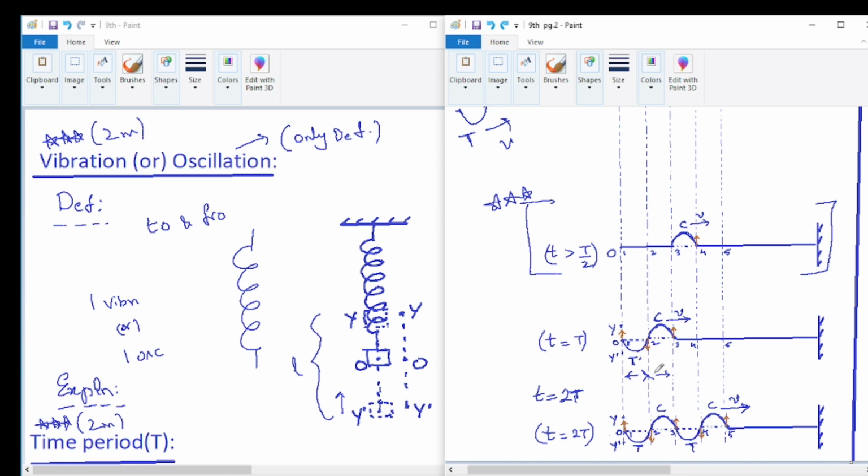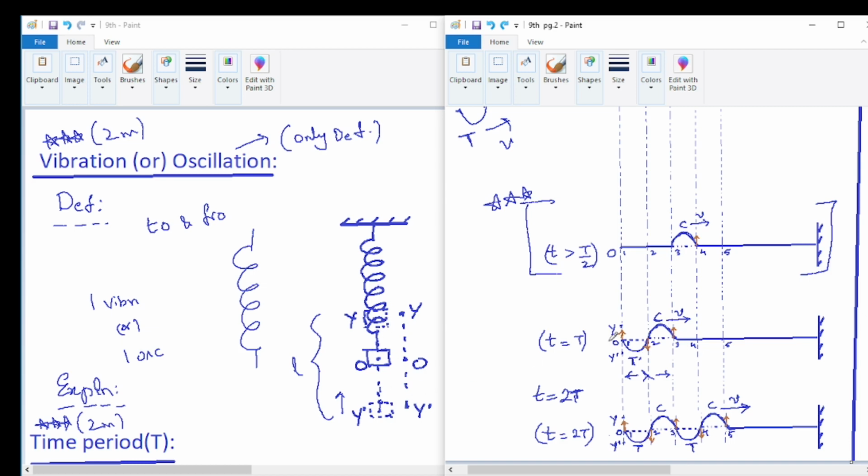From that we'll get the exact scientific definition of wavelength. Already we have seen the definition of time period also, a very simple definition: time taken to complete one vibration. And from this wave motion we'll get another equally powerful definition of time period, related to wave motion. We have just seen the time period definition related to vibration.